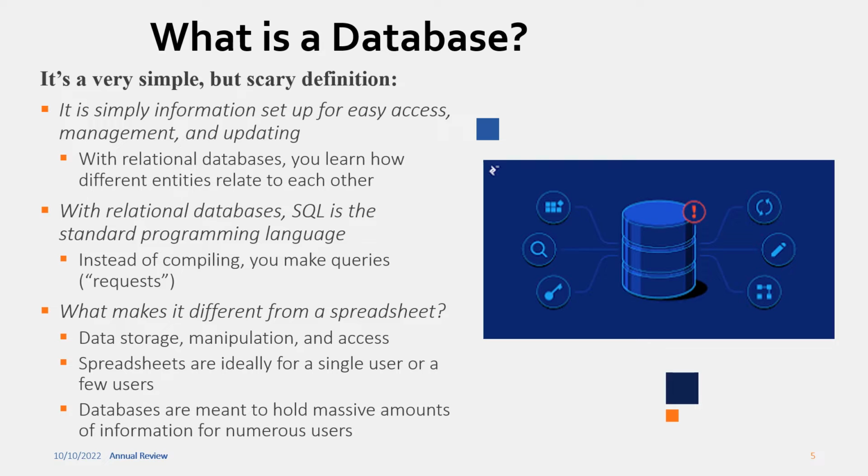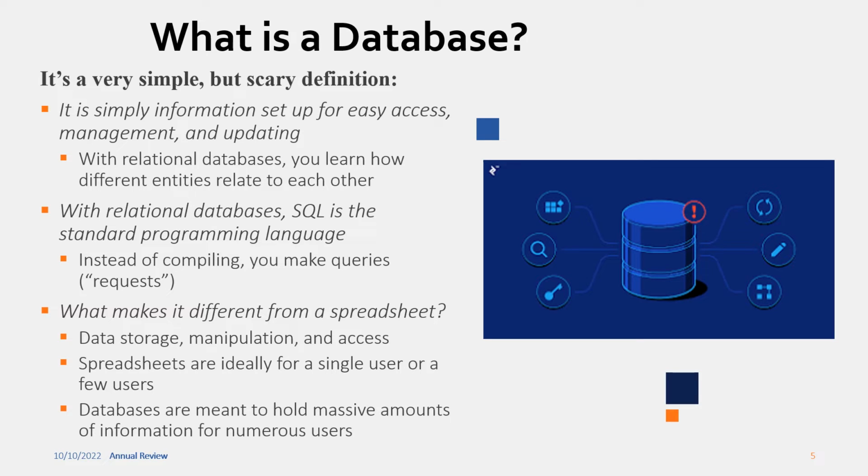Now, a database simply is information that's structured and set up and modified to allow easy access, management, and updating. And with relational databases, you can learn how different entities relate to each other via their qualities, otherwise known as attributes.